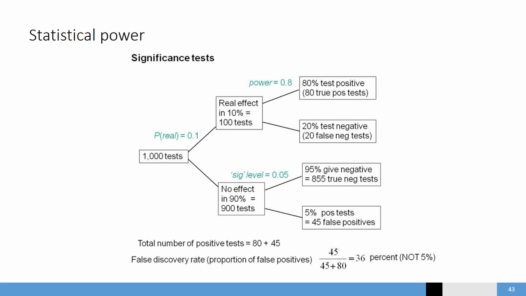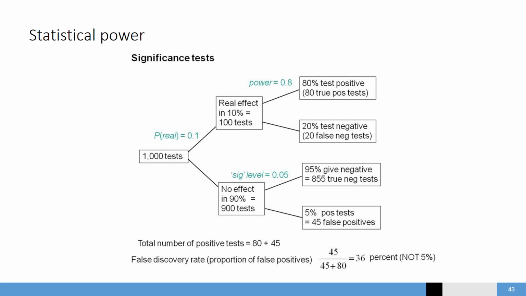But this 10% you don't know, that is why you're doing your experiment. So in reality, out of these 1,000 compounds, only 100 will make a difference, and the other 900 will not make a difference. But this state of nature you don't know.